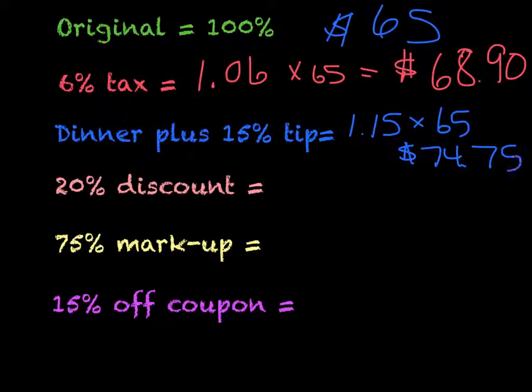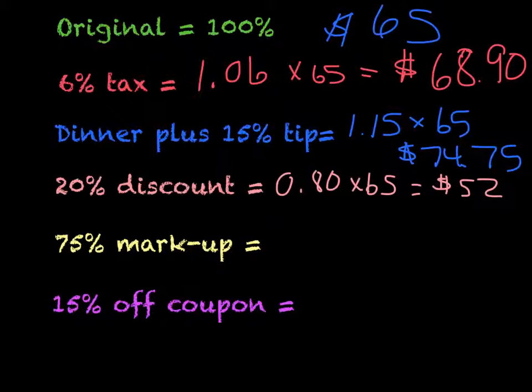Okay, if I am going to get a 20% discount, now that's a discount, so I'm subtracting, remember. So I'm going to take 0.80 or 0.8 times 65, and that will be $52. Nice and handy if I'm at the store.